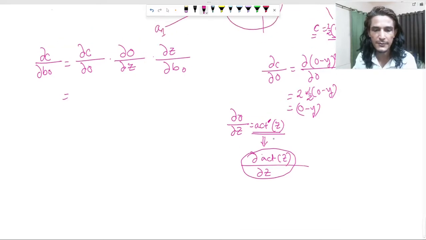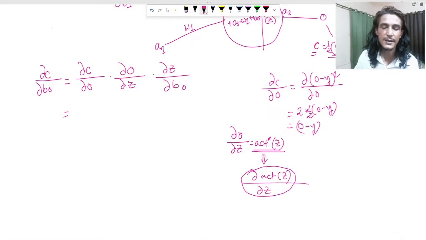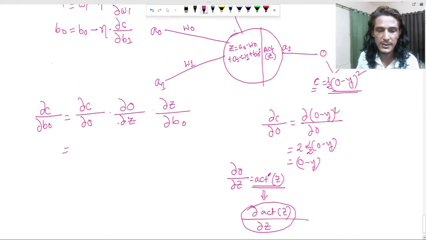But for the time being, we think of the rate of change of the output with respect to z, and we write it as activation prime of z. That basically tells us the rate of change of the output of this function with respect to z.